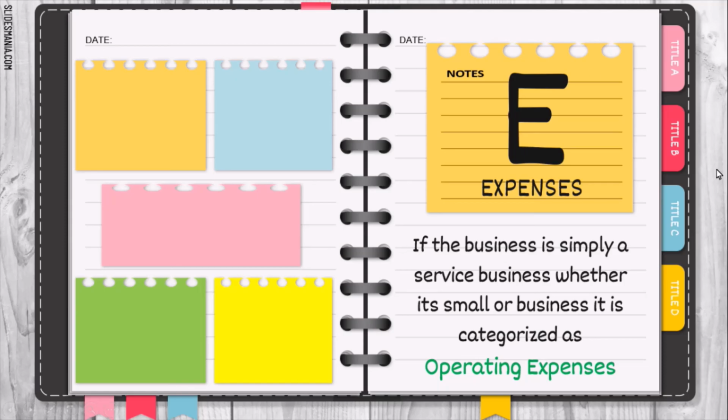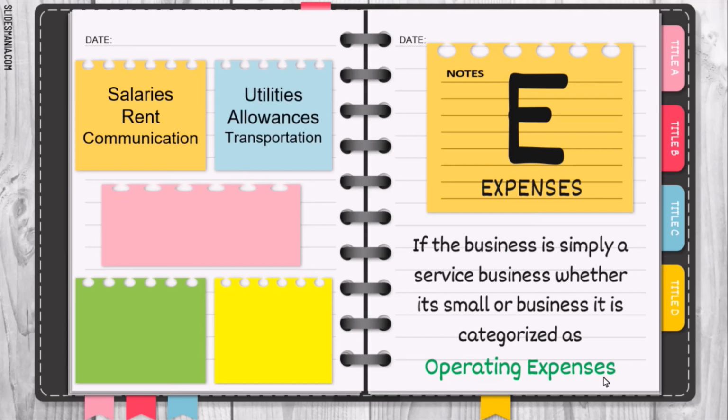If the business is simply a service business, expenses are categorized as operating expenses. Examples are salaries, rent expense, communication expense, and utilities, such as Meralco and water utilities, which are part of utility expense.